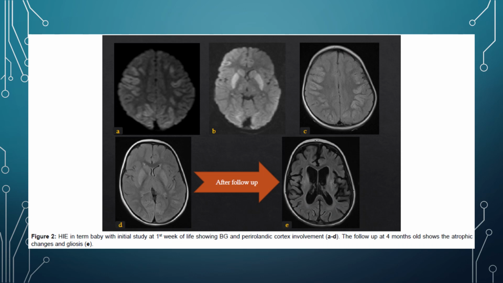These are MRI images of a baby after a hypoxic ischemic encephalopathic event. So loss of oxygen and blood flow to the brain where the white matter motor tracts were damaged.